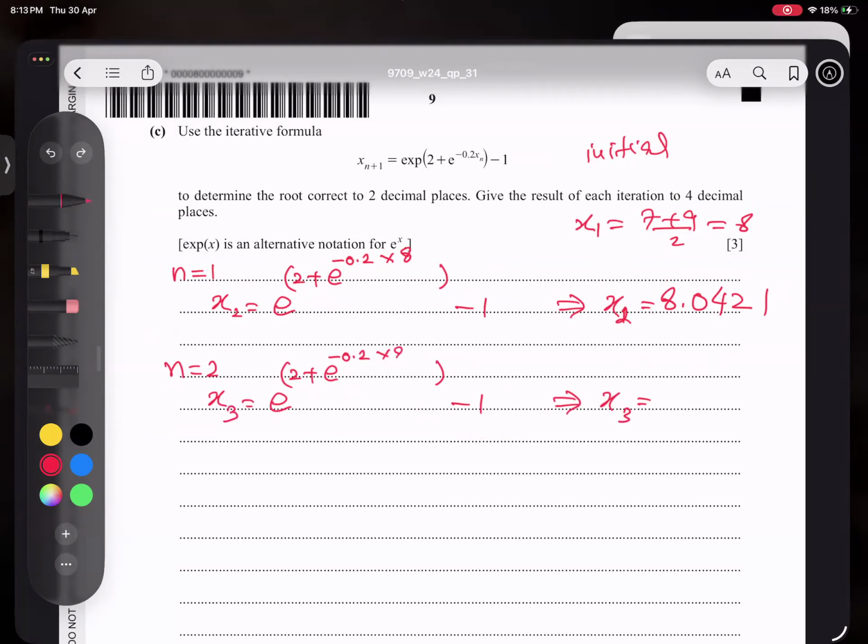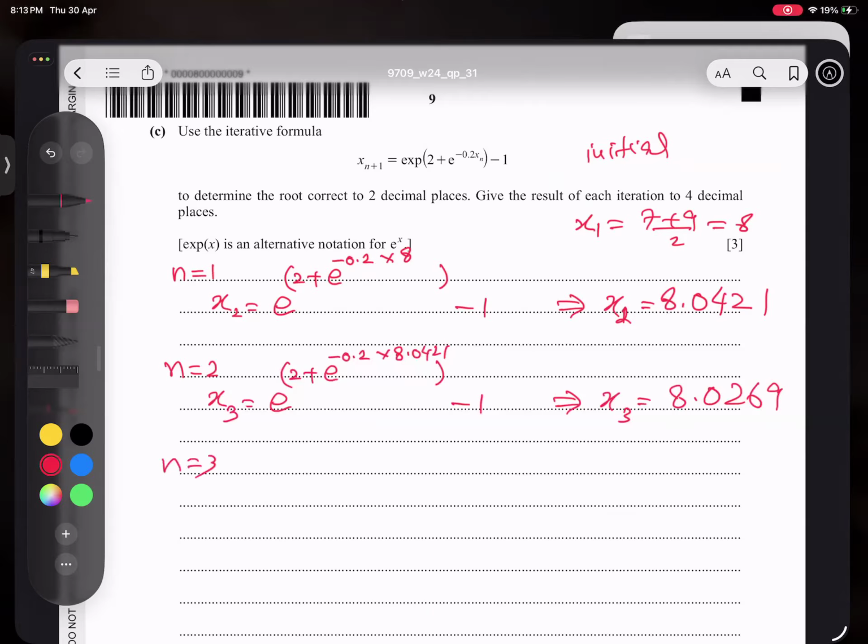So if I replace here the previous 8.0421, I'm getting 8.0269. I think the point is clear.